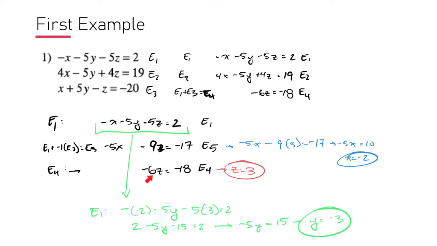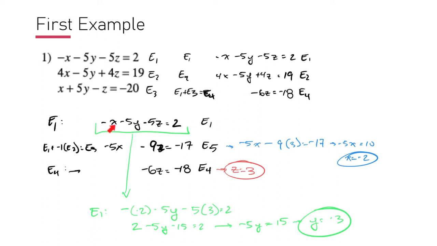So now that I have one equation, one unknown, I solve for z, I get 3. Then in the equation where I have 2 unknowns, I now have z, so I only have one unknown, so I replace z with 3. And I simplify, solve for x, x is negative 2. I have 2 of my unknowns solved, so now I essentially have one equation, equation 1, with only one unknown, and that's y.